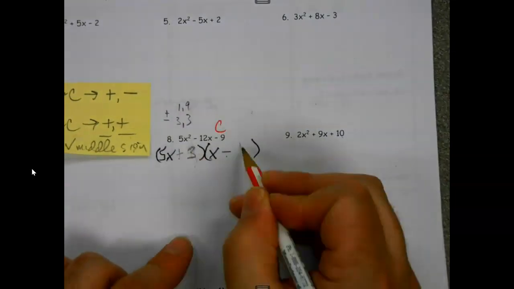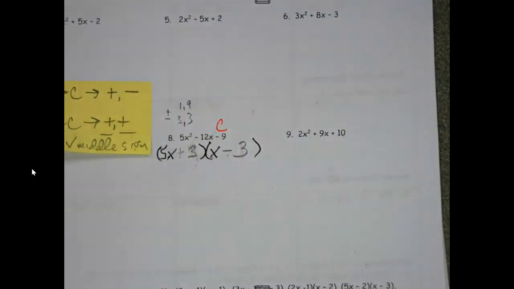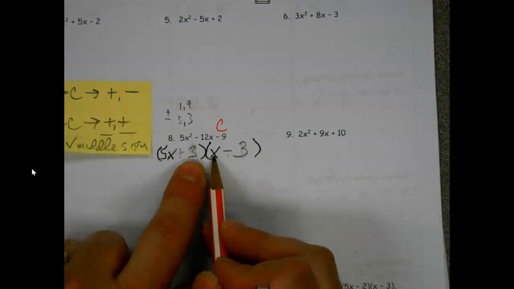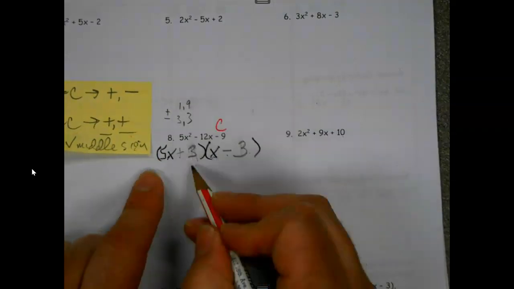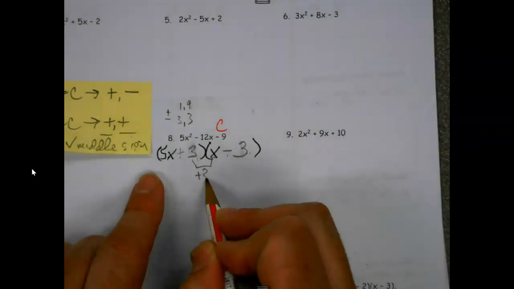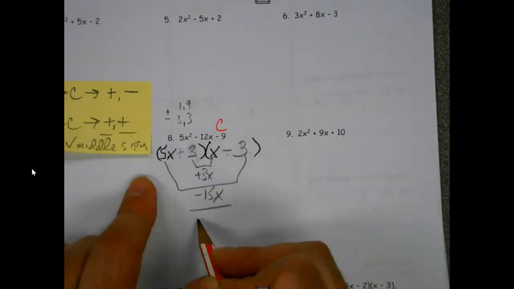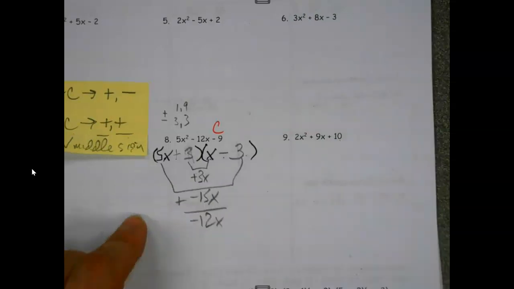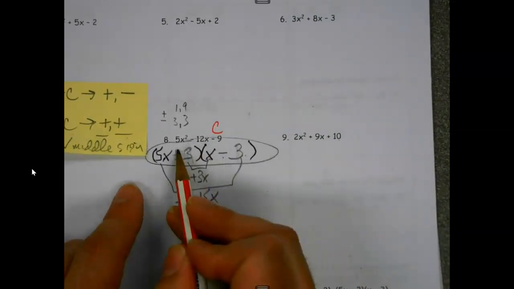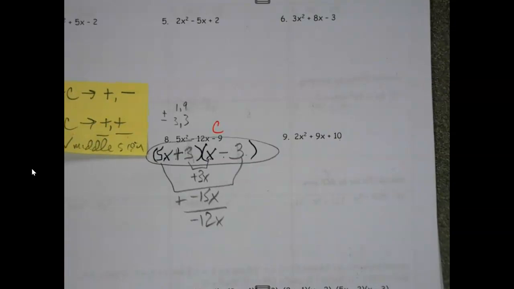Let's try 3 and 3. 3 on the inside, -15 on the outside. Yes. That is a winner. So you notice there, I had to switch numbers around.